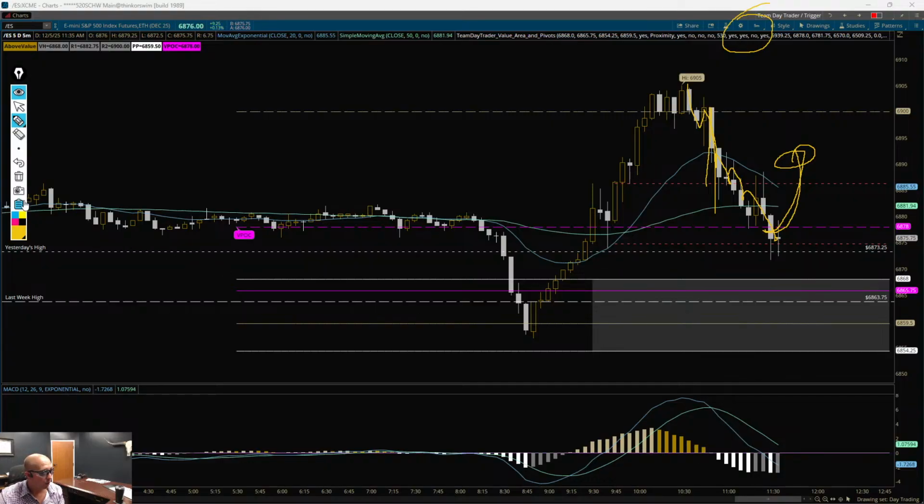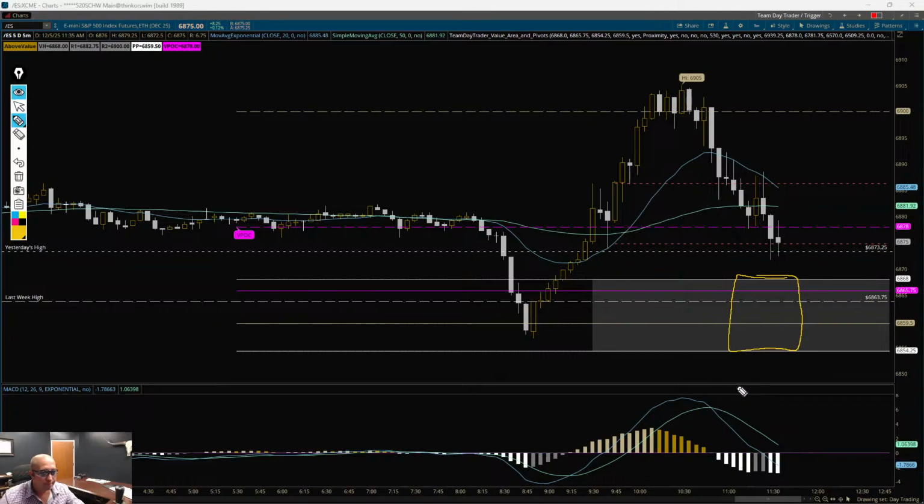And again, where would I be wrong in analyzing that trade? It's if we get back into value. We get back into value. You kind of have to think about day trade setup 6. Day trade setup 6 comes into play.